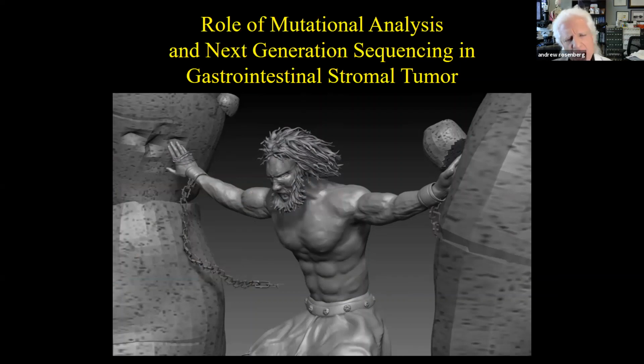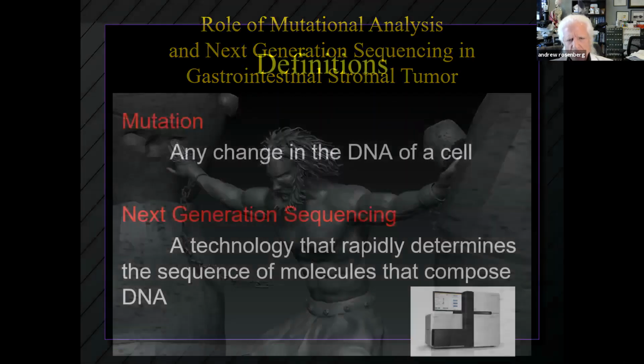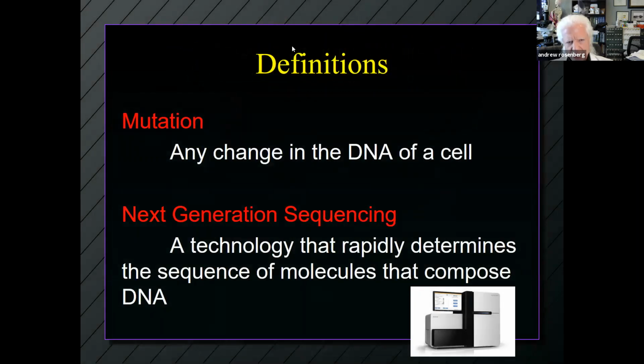It is the type of the mutation that is going to determine what the tumor looks like under the microscope, how it is going to behave, how many cell divisions it is going to have under the microscope, and again, what kind of probability it will have to undergo metastatic disease.